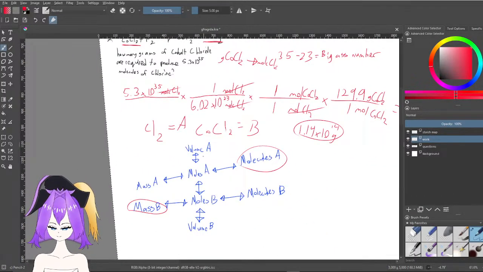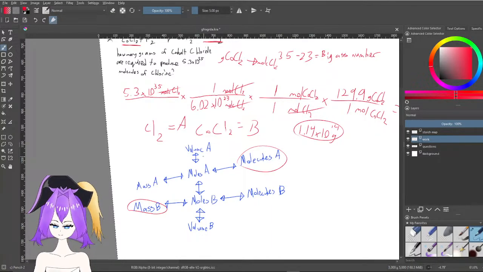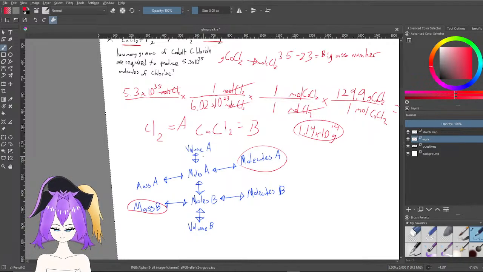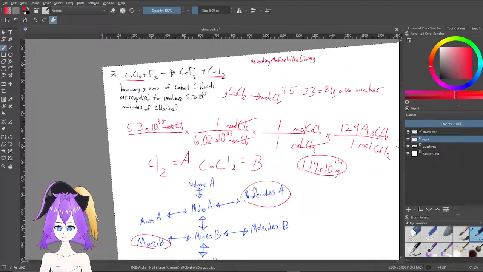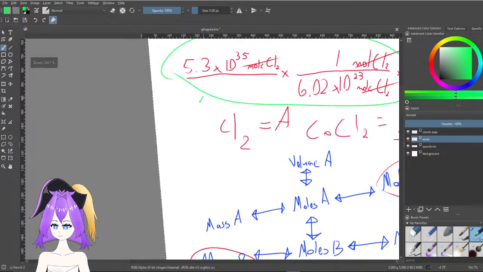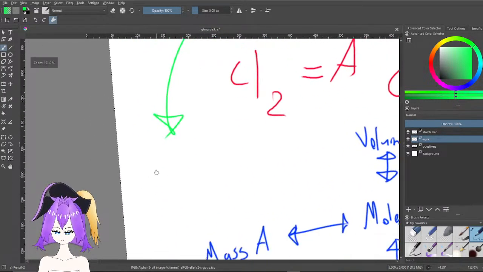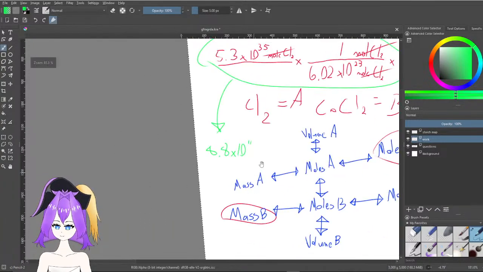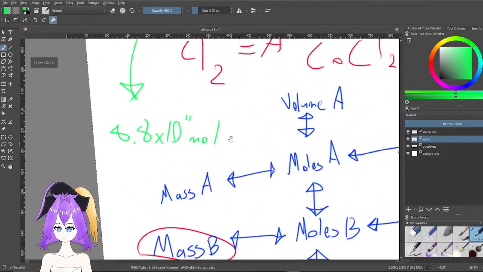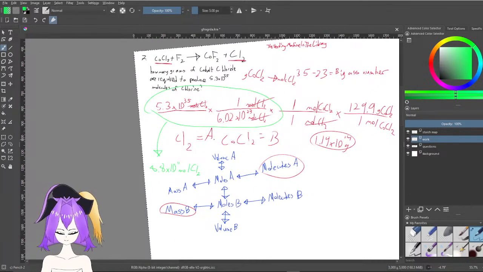Hold on. Let's do this step by step. So parentheses 5.3 times 10 to the 35th, divided by parentheses 6.02 times 10 to the 23rd.